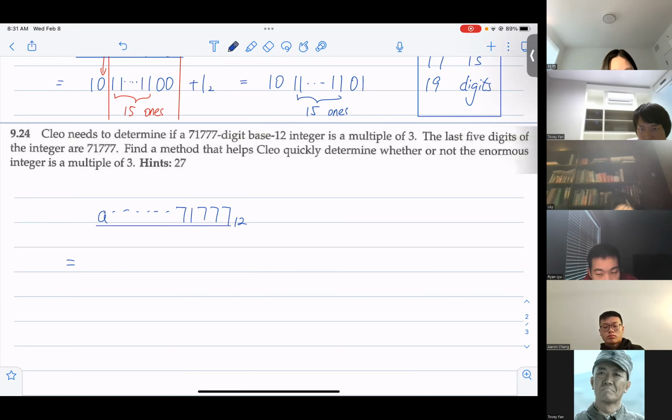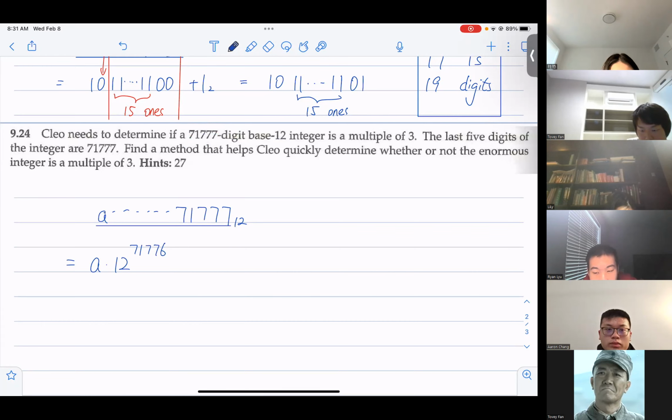If the first digit is A and you want to express its value in a decimal system, it becomes A times 12 to the power of, you have 71,777 digits, right? So it's going to be 12 to the power of 71,776.